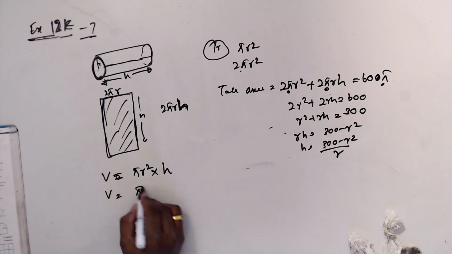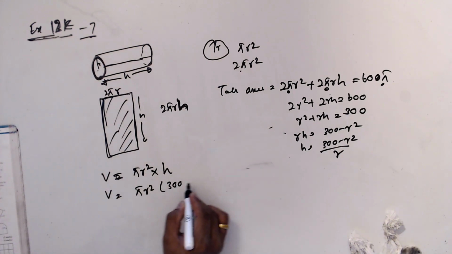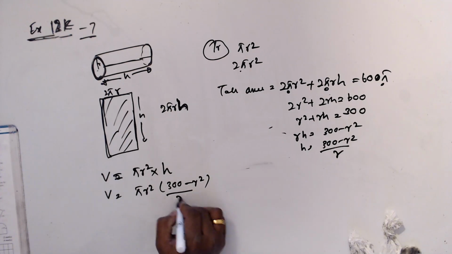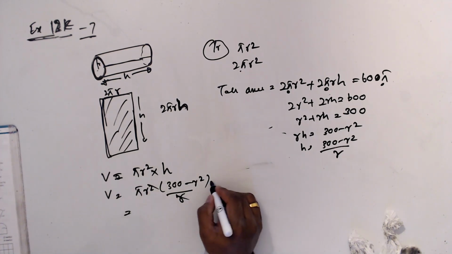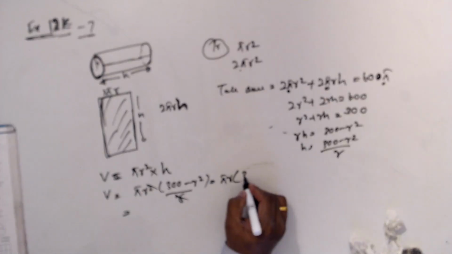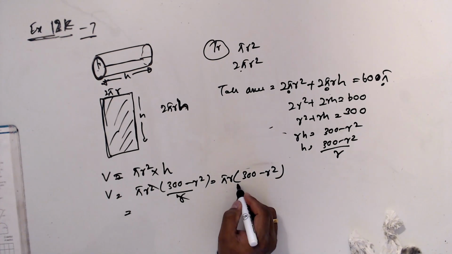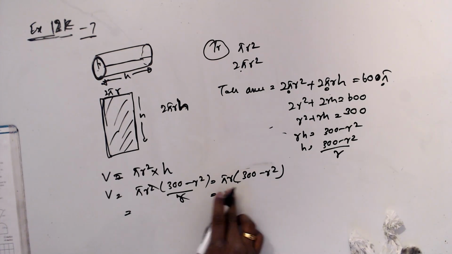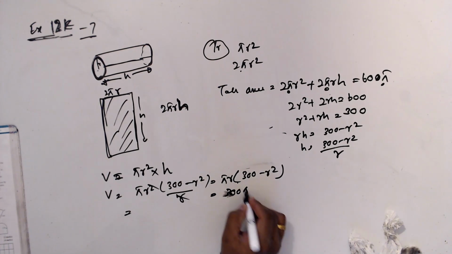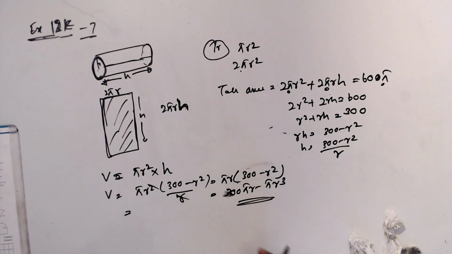V equals pi r squared times 300 minus r squared over r. This r and this one cancel out. So what remains is pi r times 300 minus r squared. Can you see a bracket in the answer? No. Then we'll take the bracket out. So 300 pi r minus pi r cubed. So we got the answer.